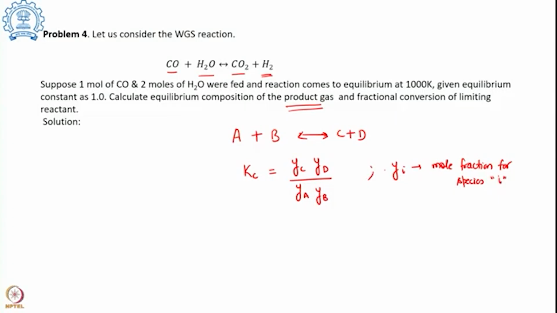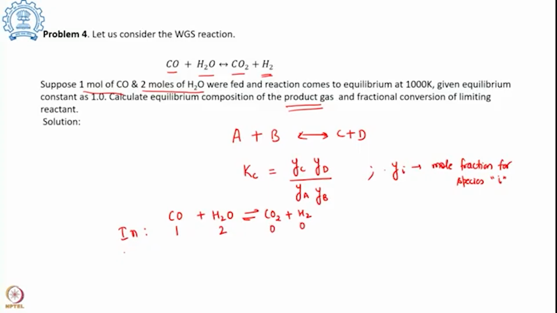Now, let us look at the reaction wherein CO reacts with H2O giving us CO2 plus H2. Now, if we look at the input side, given that 1 mole of CO reacts with 2 moles of H2O, at the input side the 2 products are 0.